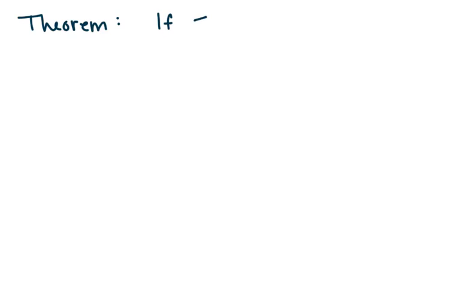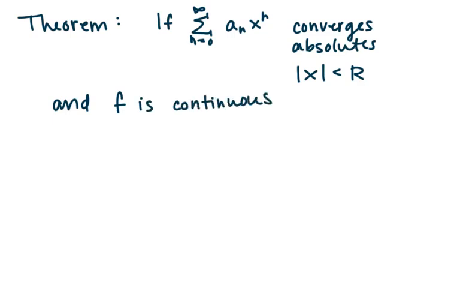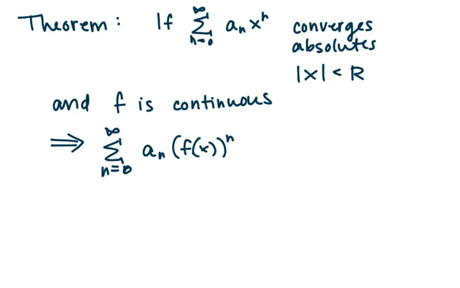So let's talk about a theorem now. If the sum from n equals 0 to infinity of a sub n x to the n converges absolutely for any x that is less than that R, my radius of convergence, and if we know f is continuous, then what we can say is that the sum, n equals 0 to infinity, of a sub n, treating that as a function, f of x to the n power, converges absolutely.